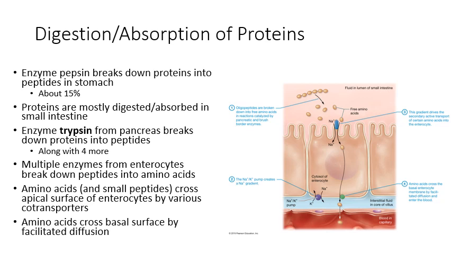Then the amino acids and also really small peptides consisting of just a couple amino acids will be transported into the enterocytes. You have a whole range of co-transporters that will do that, so it depends on the amino acid, like which specific transporter would carry it.